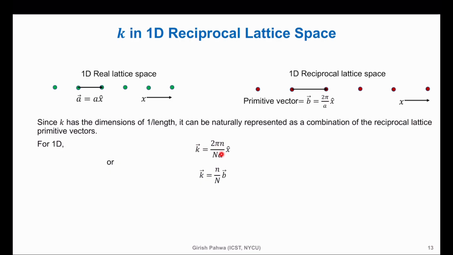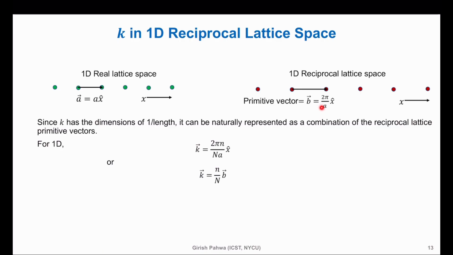So say I start from here: n equal to 0, right? n equal to 1 will give me 2 pi by Na somewhere here, n equal to 2 will give me 4 pi by Na, 6 pi by Na, 8 pi by Na, and so on. How large can n go so that I don't cross this? n equal to capital N, because for n equal to capital N, it will be 2 pi by a, which is equal to b.